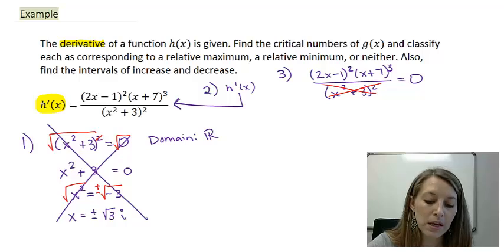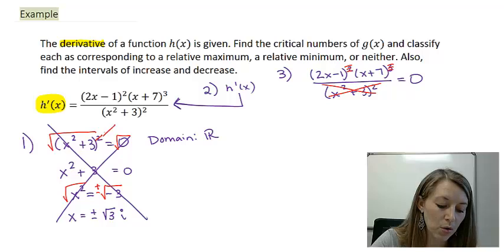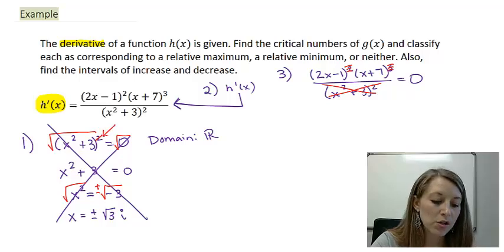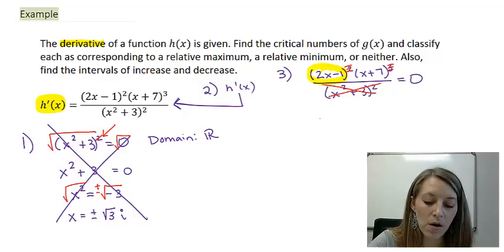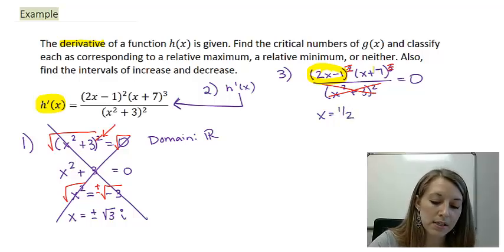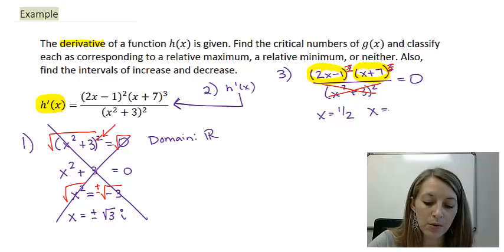We basically can ignore our powers for the same reason that we got to ignore the square over here. So this tells me that I have a critical value if I set this equal to 0, or when x is equal to 1/2, or when I set this equal to 0, or when x is equal to negative 7.